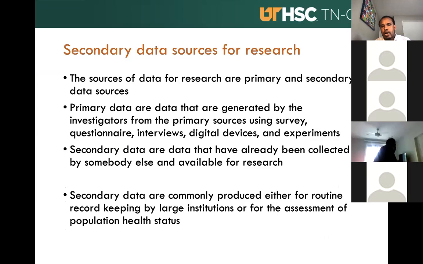The secondary data are data that have already been collected by somebody else and are available for research. So secondary data are commonly produced either for routine record keeping by large institutions such as NIH, or they are produced for assessment of population health status.